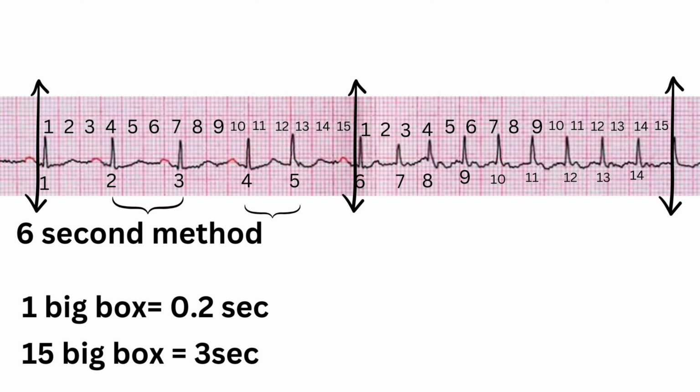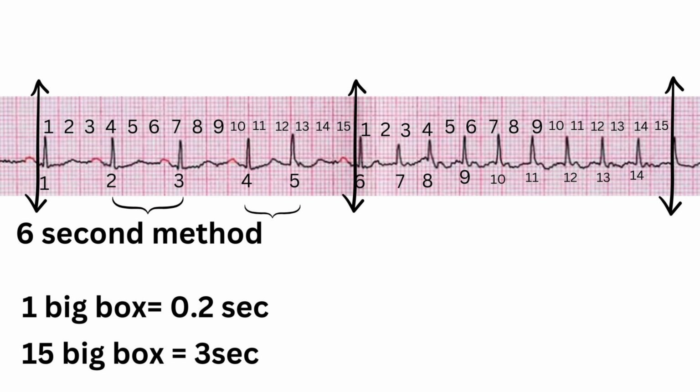So the number of QRS complexes are 1, 2, 3, 4, 5, 6, 7, 8, 9, 10, 11, 12, 13, 14. We have 14 QRS complexes in this 6-second strip.